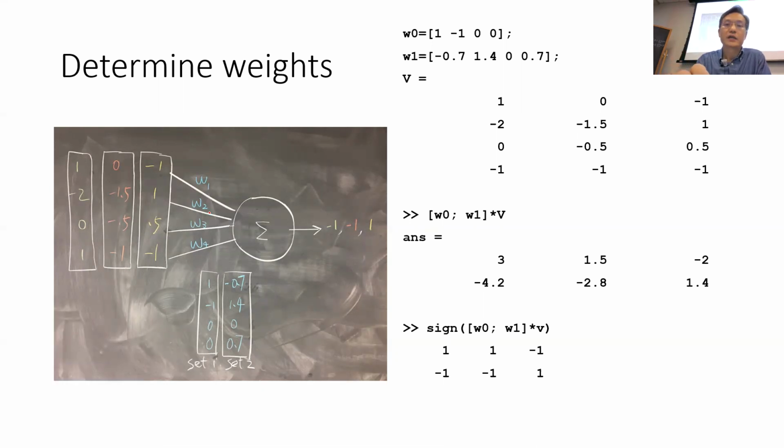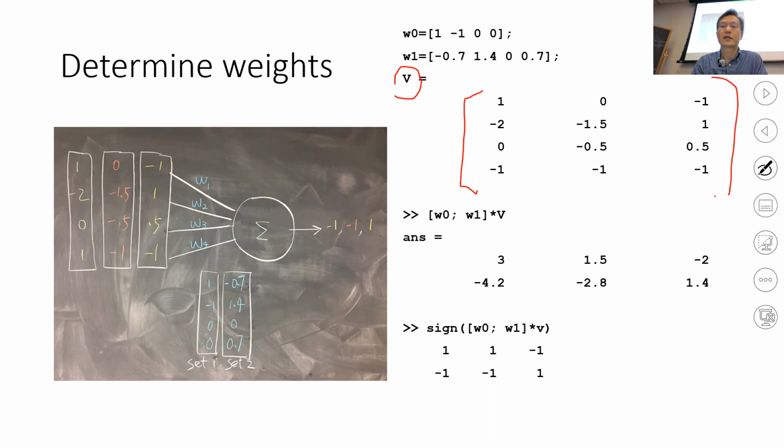V is my input vector. Because I have 3 training data points, this is a 3 by 4 matrix. I want to do one computation and get everything, so I put the training data points into a matrix, and just one multiplication will work.